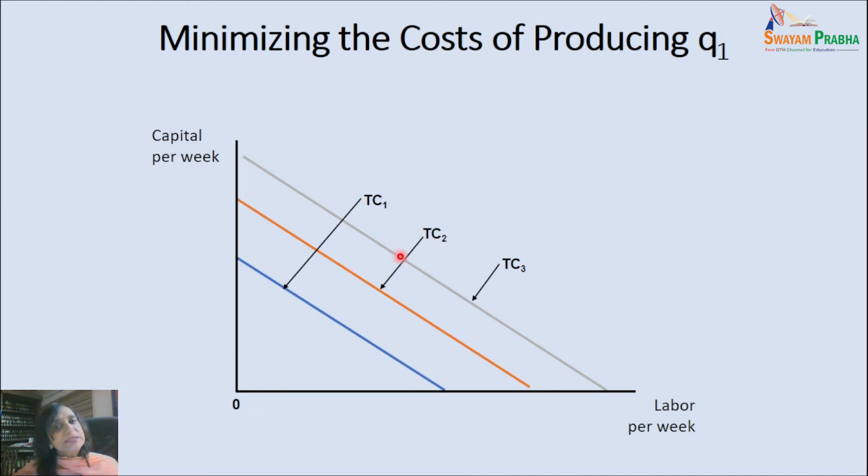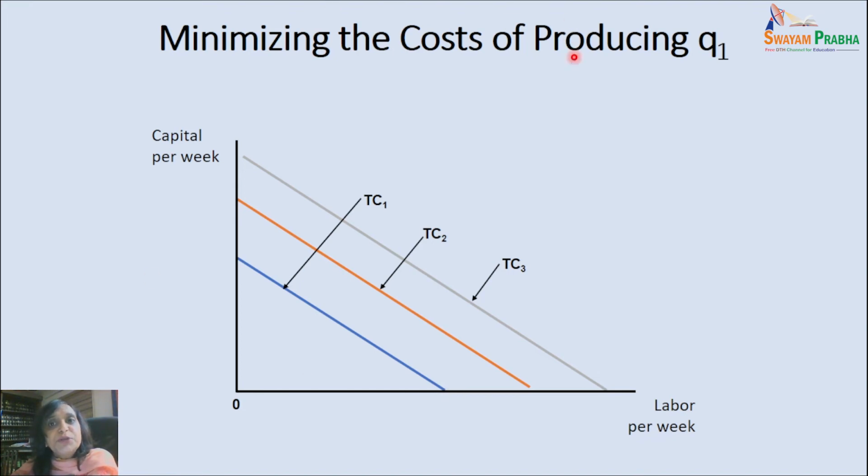The firm knows these are the various costs it can incur with the given price of inputs. Let us say if my given cost is 100, this is my isocost line. When my given cost is 150, this is my isocost line. When my given cost is 200, TC3 is my isocost line. So various isocost lines are given to you. But what is the objective?